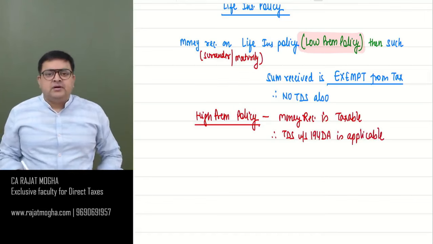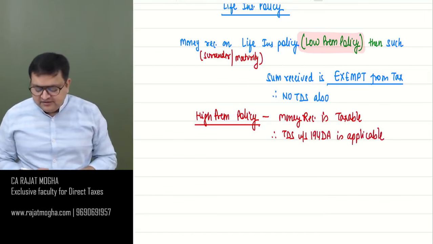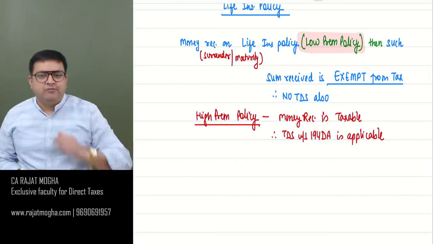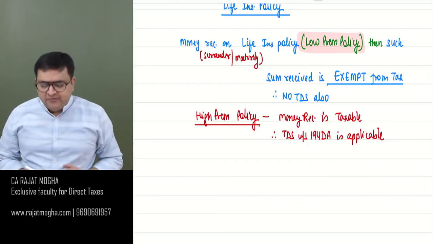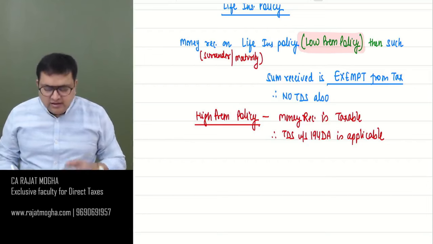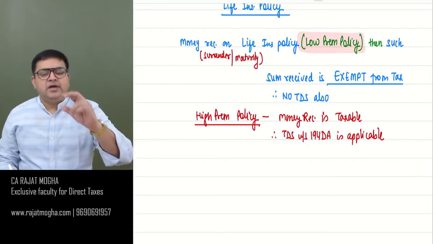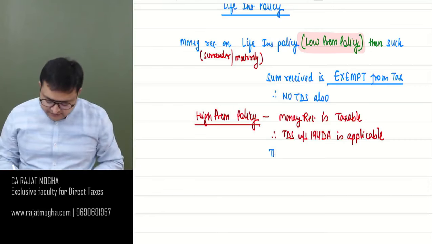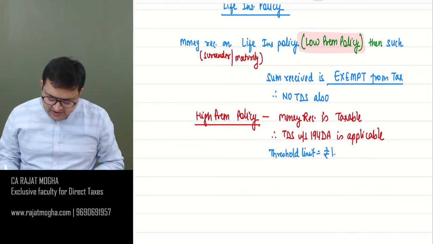Therefore, TDS under section 194 DA is applicable since it's a high premium policy. 194 DA is applicable if I am giving you an amount above rupees 1 lakh.